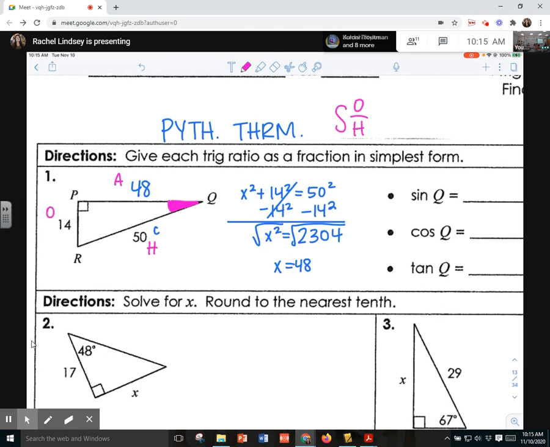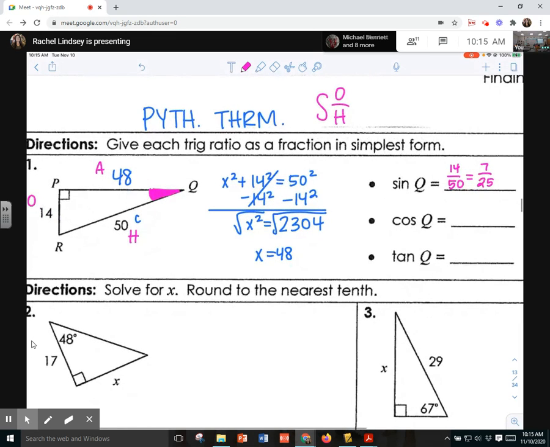So I'd have 14 over 50, and that reduces to 7 over 25. Cosine would be adjacent over hypotenuse. So 48 over 50, and that reduces to 24 over 25. And then tangent is opposite over adjacent, so 14 over 48, and that reduces to 7 over 24.